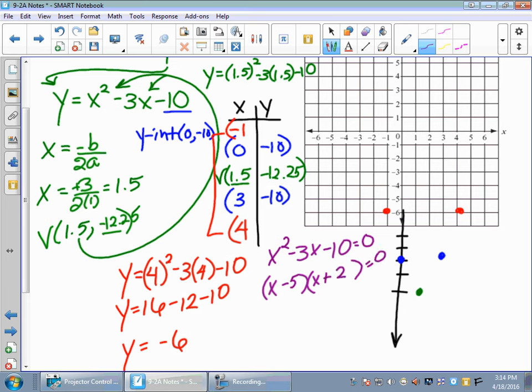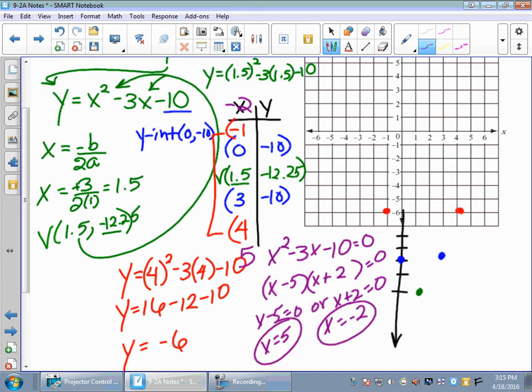I've got my answers. So x minus 5 would equal 0, or x plus 2 would equal 0. And so I need to go to 5 and -2. If I go to 5, so I just had to go one more out. If I go to 5 and -2, I will finally get 0 because I solved by factoring to get them. I was a little far out. So 5 is going to give me 0, and so is -2.